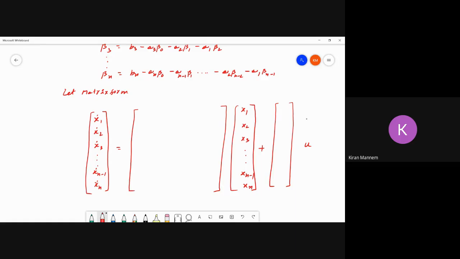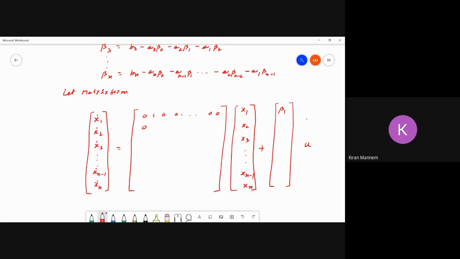So it is x dot 1, again it is 0, 1, 0, 0. I'm putting three dots here, 0, 0, and you'll get G. And what is this value? It would be beta 1, right?